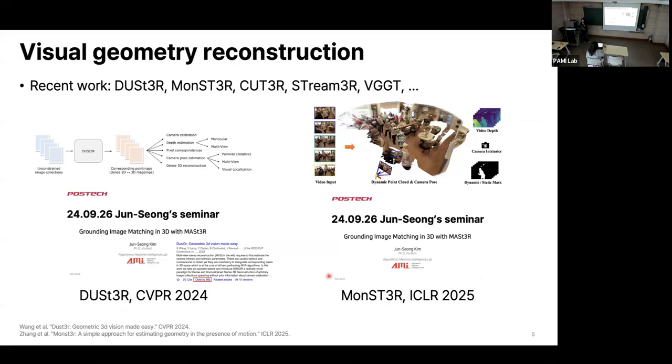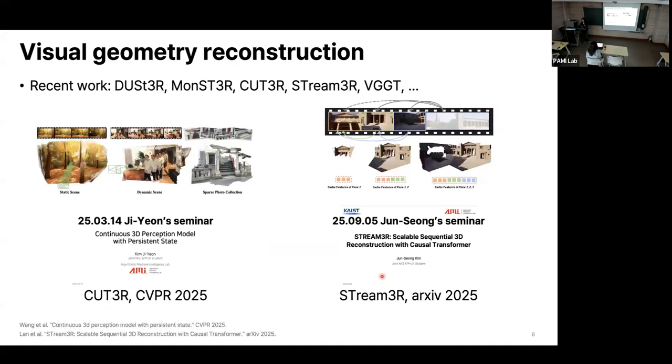Both of these papers were covered in previous seminars, so if you are interested, please check them. The subsequent work addresses continuous and streaming input, and since it was already discussed in our last seminar, I will skip the details here.